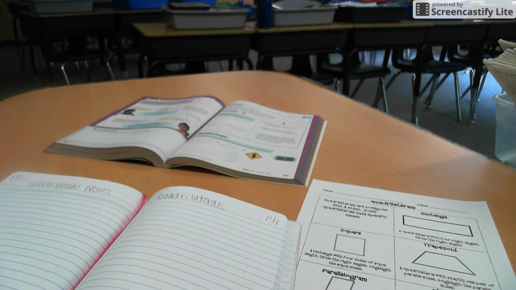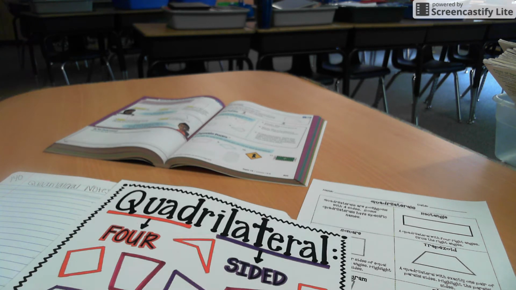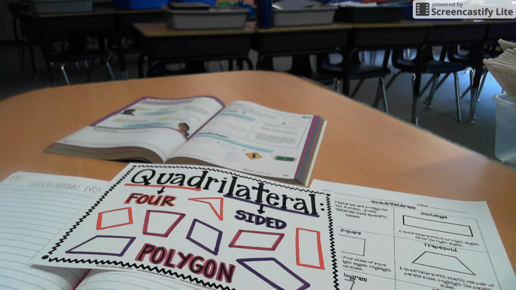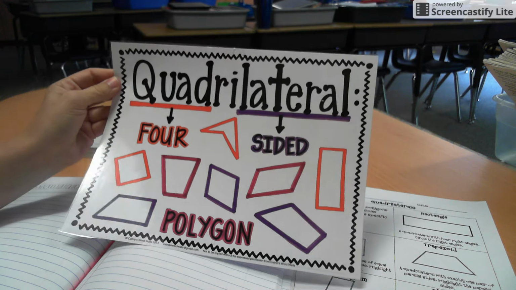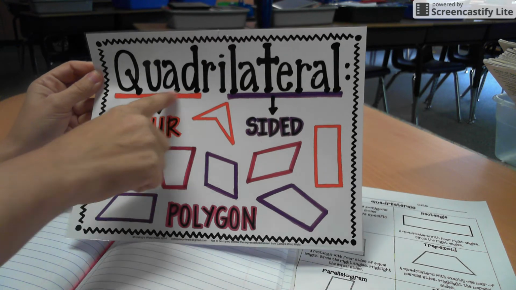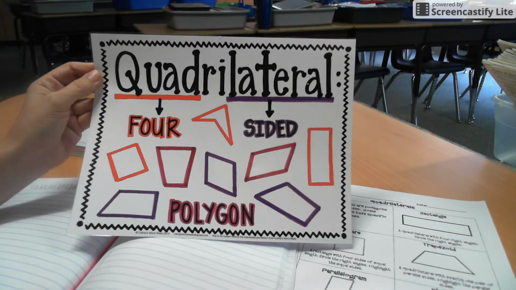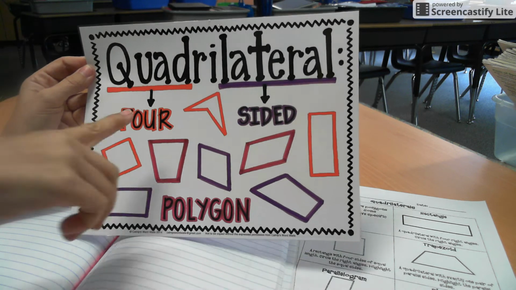All right, so we're going to be talking about quadrilaterals. And quadrilaterals are four-sided polygons. Quad means four. Lateral means sided, so it means four-sided.